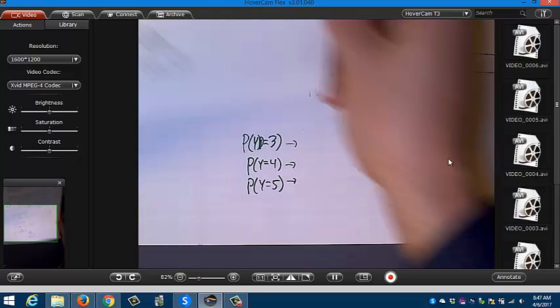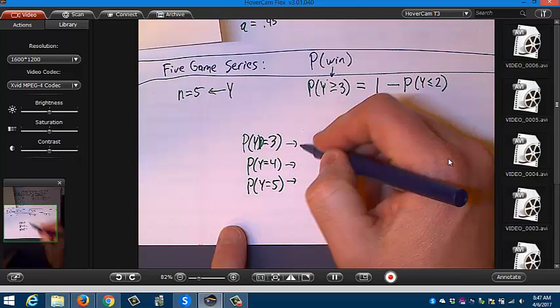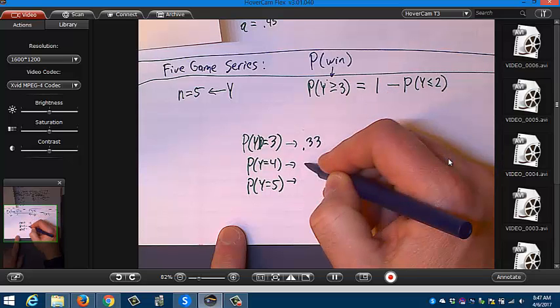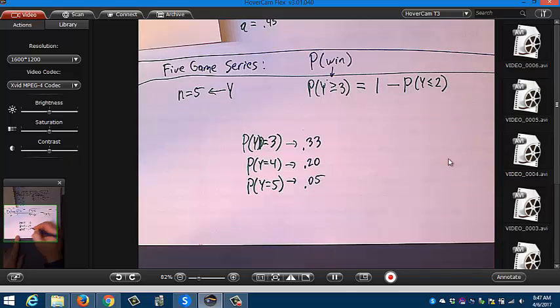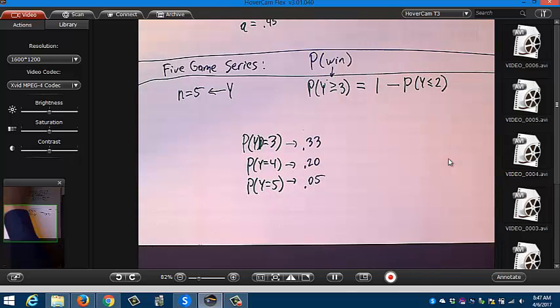Actually, I want to write those numbers down and come back to it. So we had 0.33, we had 0.20, and we had 0.05, right? So that's a binomial PDF. And one of the reasons I want to do this is I want to talk about the other way I suggested coming up with the answer.